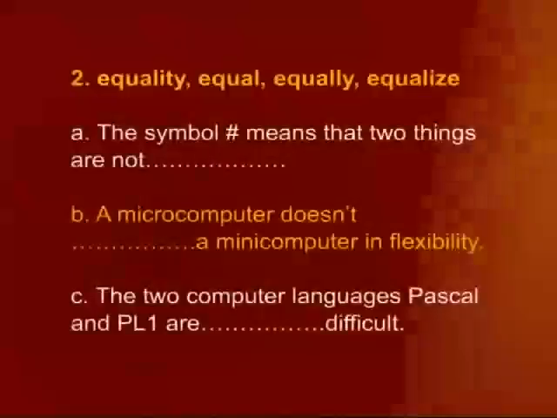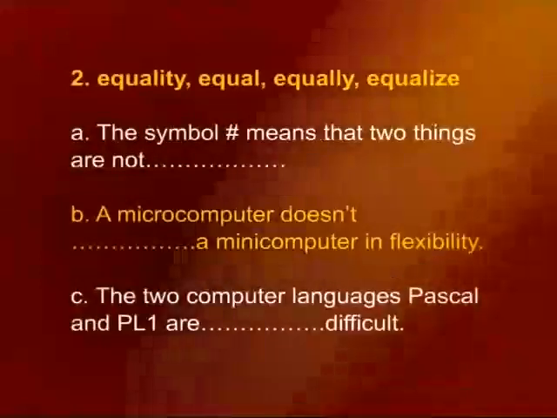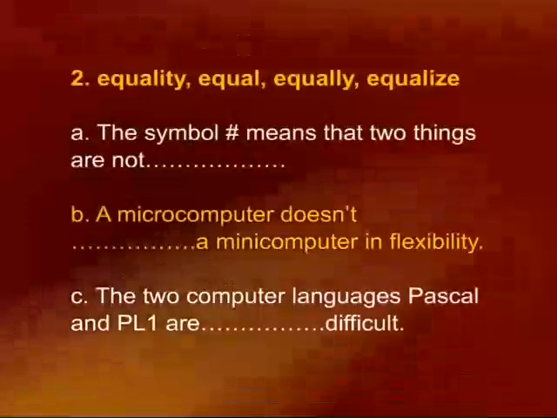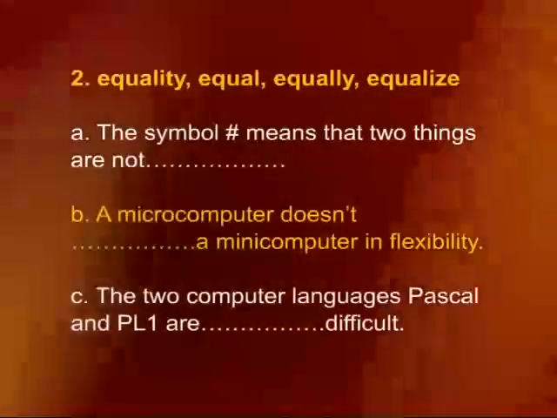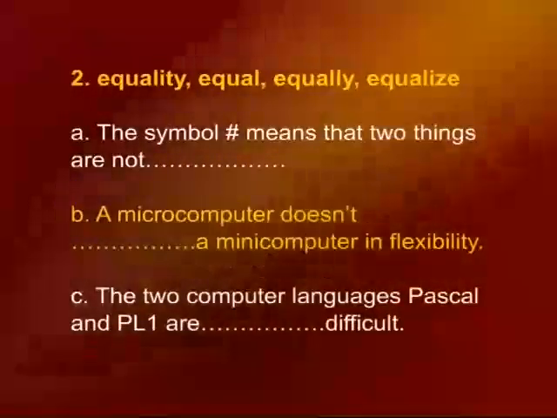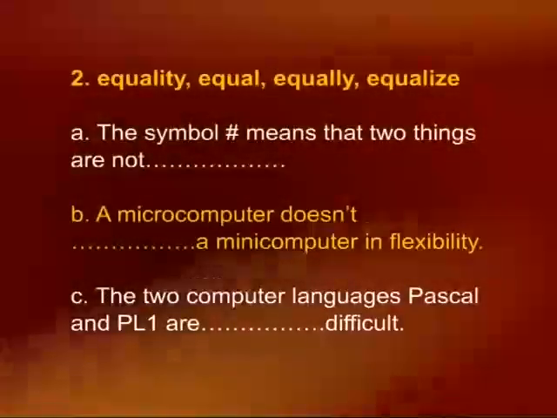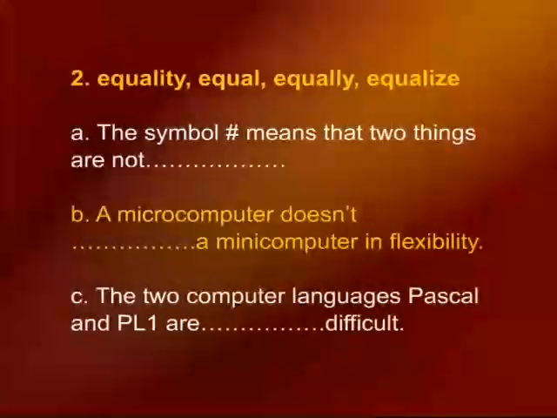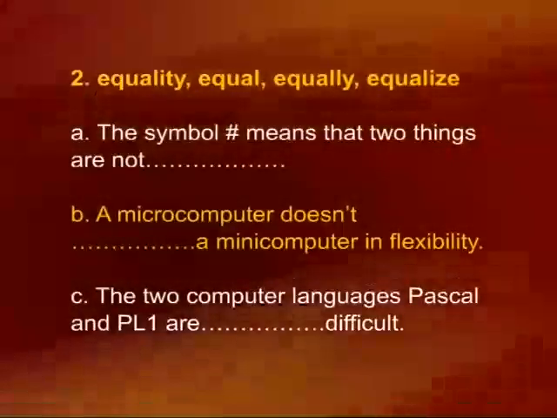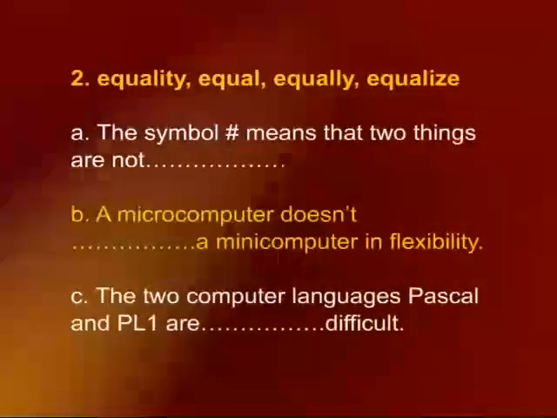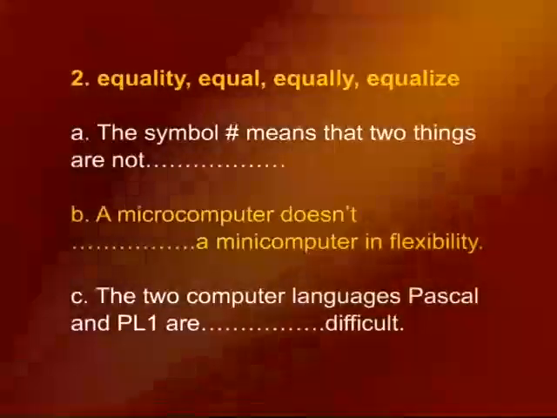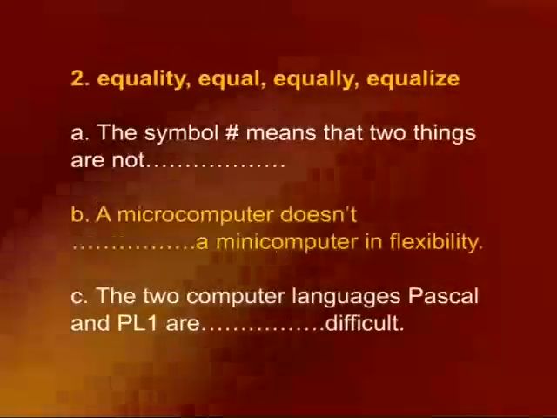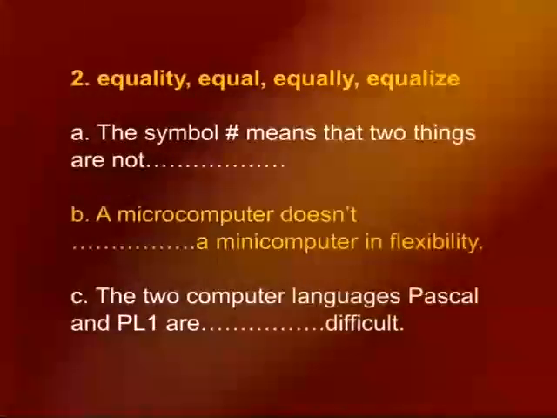Number 2, again there are 4 words: equality, equal, equally, equalize. Right? Verbs, nouns, adjectives. Sometimes you even have adverbs over there. And you have to see which one would be appropriate in which context. Number A, the symbol, and the symbol is given you, means that two things are not equal.